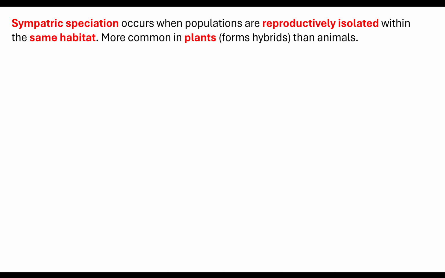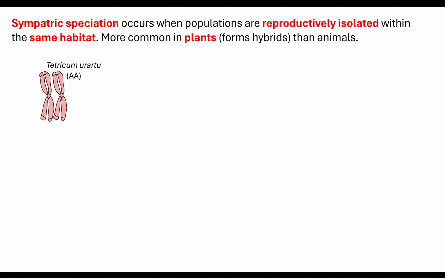Now, sympatric speciation is where speciation occurs when populations are reproductively isolated, but within the same habitat. It's more common in plants because plants can form hybrids than it is in animals. Although there are animals that show sympatric speciation, it's not as common as the geographical allopatric speciation. If I give you an example of plants, we can take one species of plant.